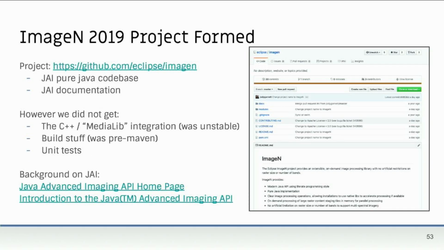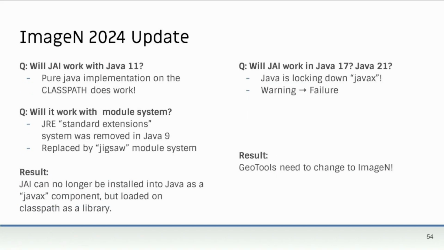So we formed the ImageN project in 2019 using that heart of the original JAI code base and the JAI documentation. We didn't get all the build engines and test cases and so on. So this project has just been sitting here waiting for funding since 2019.